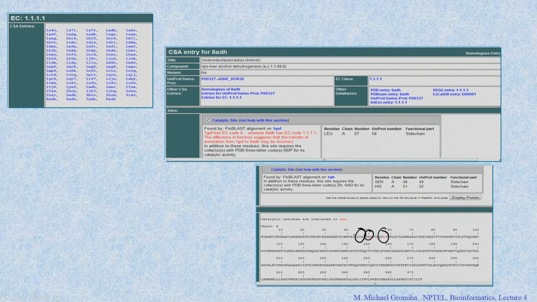These are the residues which are mainly the catalytic site residues. The ones shown in red are the catalytic site residues for this particular protein. For any enzyme, if you would like to know about the catalytic site residues, you can use this CSA to identify the residues which behave as catalytic sites.